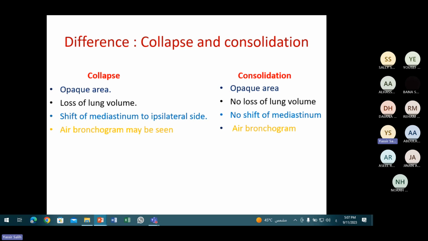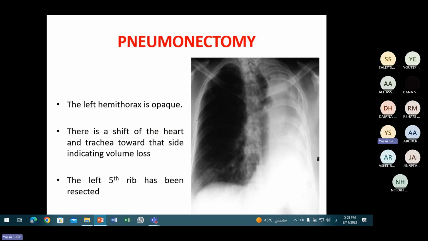But in consolidation, the air bronchogram should be seen, the mediastinum is in its normal place, there is no shift of trachea or of the mediastinum toward the left or right side, and the lung volume is normal, with no increase or decrease, in addition to presence of opaque hemithorax.